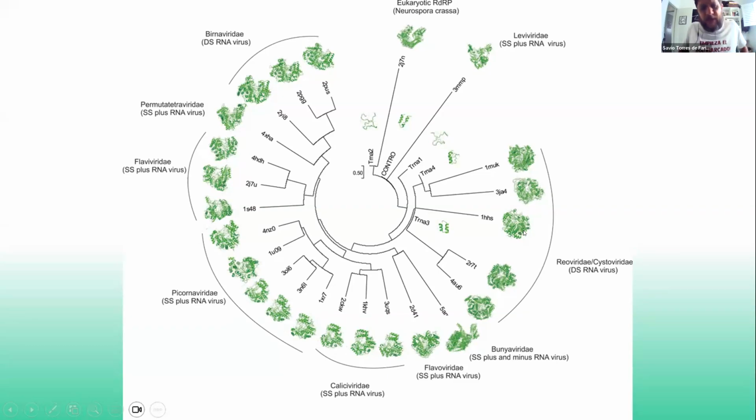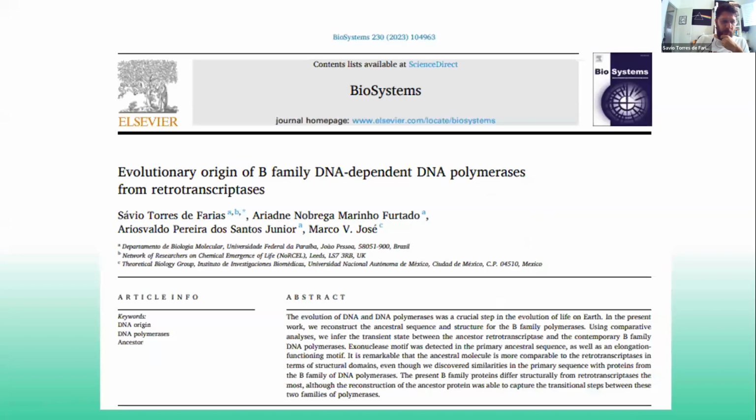Okay, so in that moment, we had a suggestion that the first polymerase emerged by the translation of the tRNA ancestral molecules. This year, we published this article recently, one or two months ago, when we analyzed the origin of the DNA polymerases.